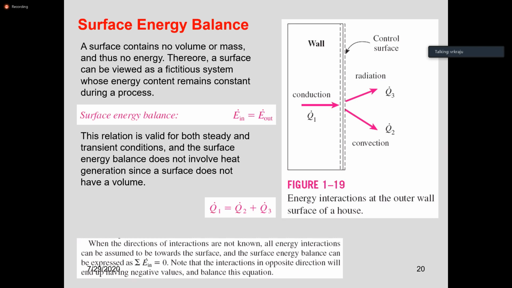That means the generation is associated with that particular volume. But since we are counting the surface as having no volume and no mass, there is no question of generation on the surface. So if you write down the balance equation, it will come out as Q1 dot equal to Q2 dot plus Q3 dot.